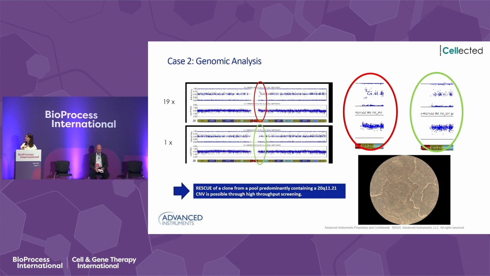And they were able to identify that 19 of the 20 clones were mutant, and only 1 of those clones was a wild type. So again, they followed a similar procedure. They were able to monitor the morphology to ensure that the cells were growing as they expected and that they morphologically looked as they expected. From here, they expanded the cells, they confirmed the cryopreservation, and this cell line was rescued.